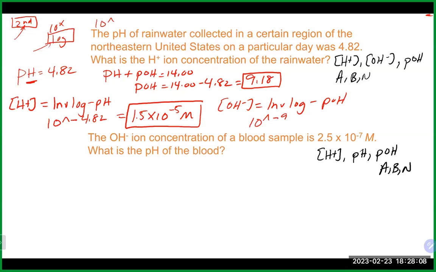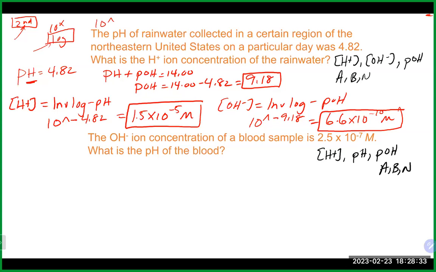Make it negative 9.18. And if you do that, it's going to give us a 6.6 times 10 to the minus 10, looks like, molar. Any question on that calculation?